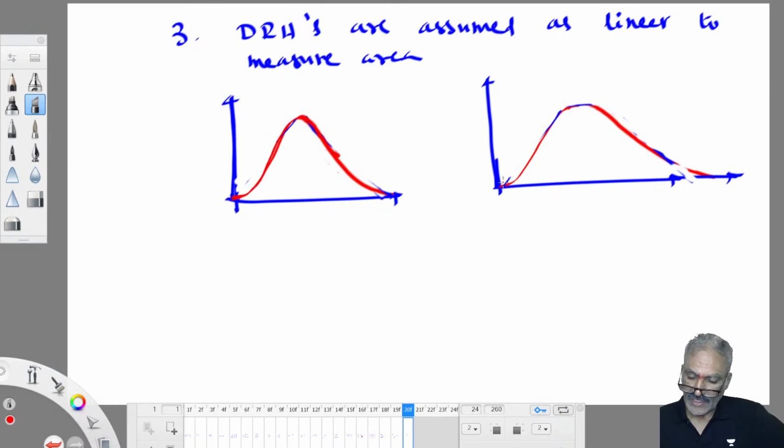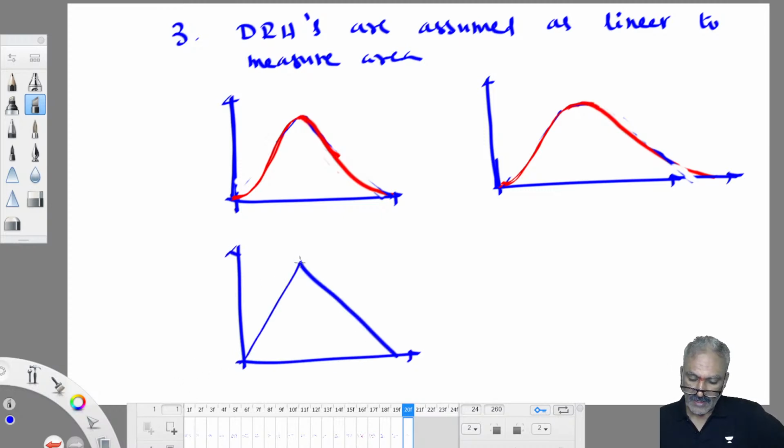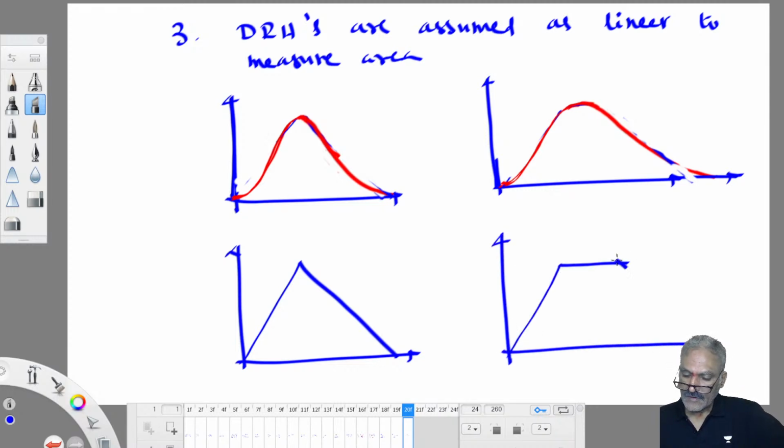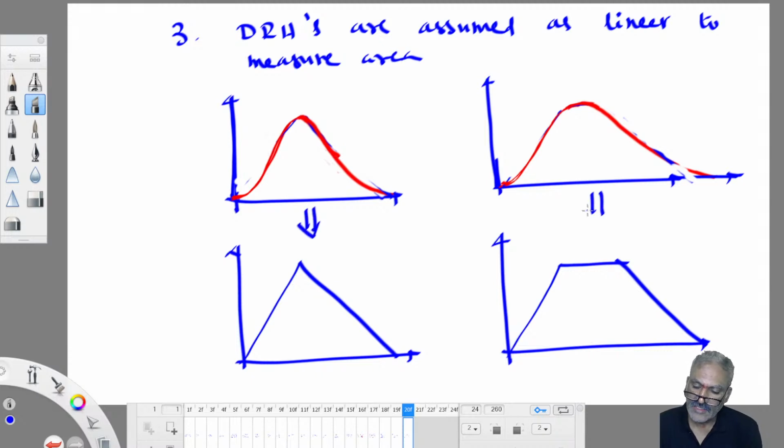Therefore, for our comfort and convenience, we take this as a triangular shaped hydrograph, this as a trapezoidal shaped hydrograph. Idealized. So we can measure area under the curve. So this is reduced into this one, this is reduced into this one.